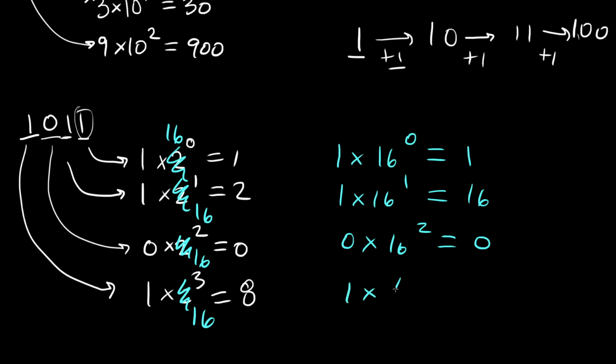And then 1 times 16 to the 3, which is, I actually don't know what this is, but you get the point. I could change this number to be, for example, 3, 4, A, F, right? Since in hexadecimal we could go all the way up to F.